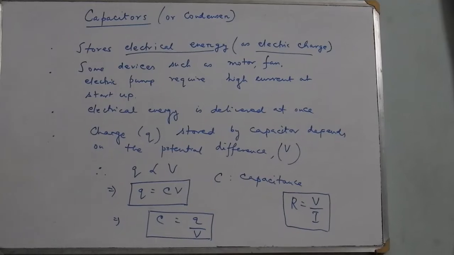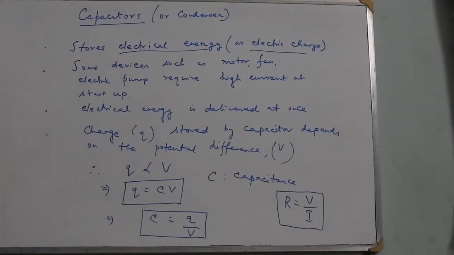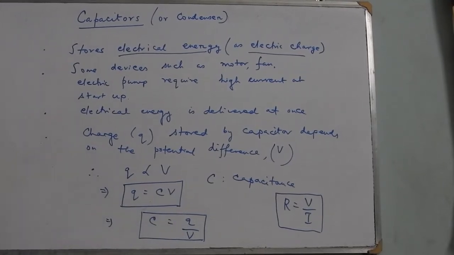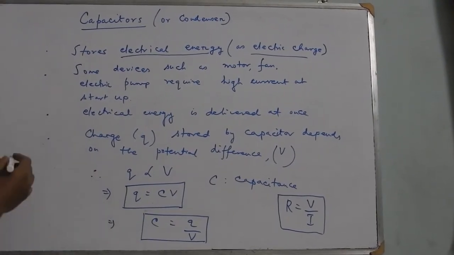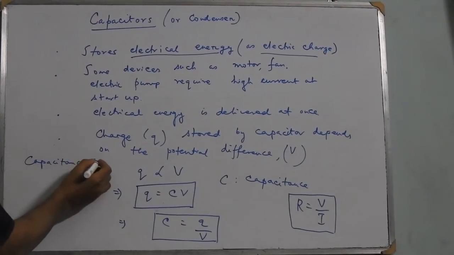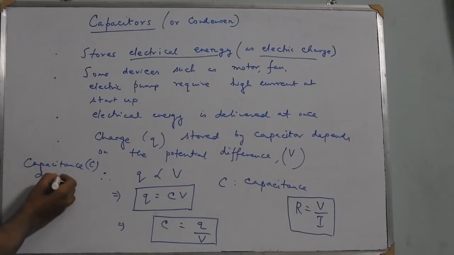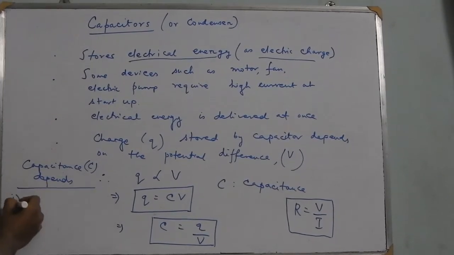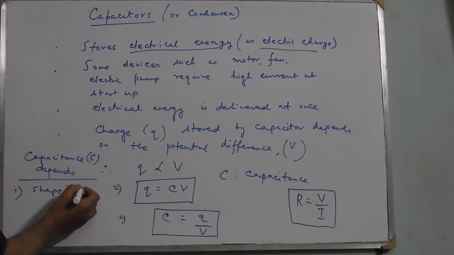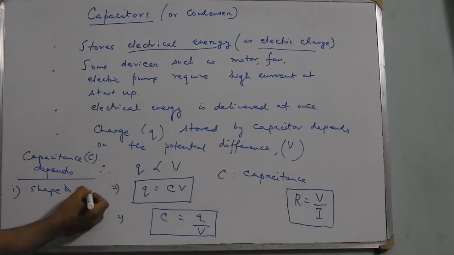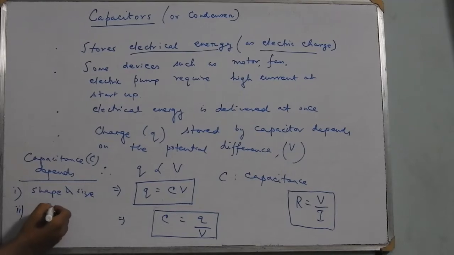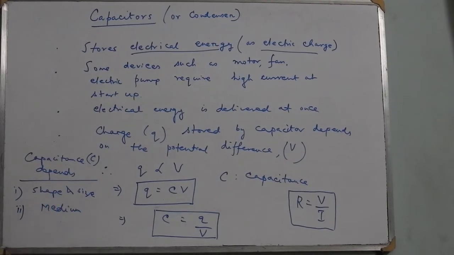In a similar manner, you can say that capacitance does not depend upon the charge stored, it does not depend upon the potential difference between its plates, but the capacitance C depends on the shape and size of the capacitor, or you can say it depends upon the dimensions of the capacitor, and it depends upon the medium between the plates of the capacitor.